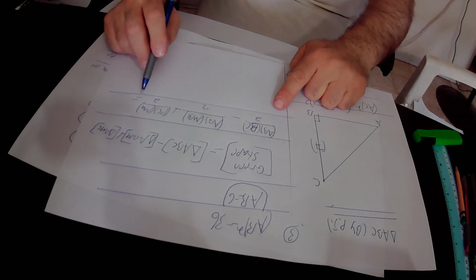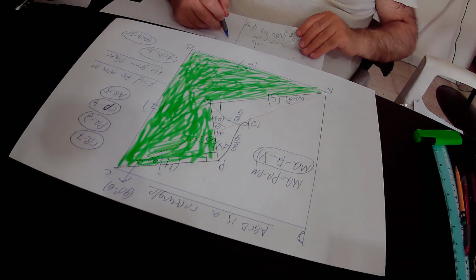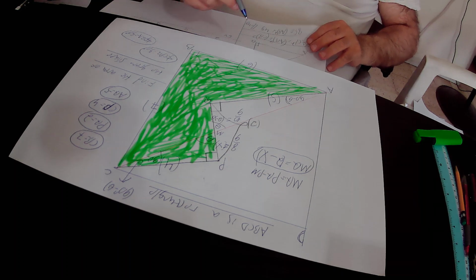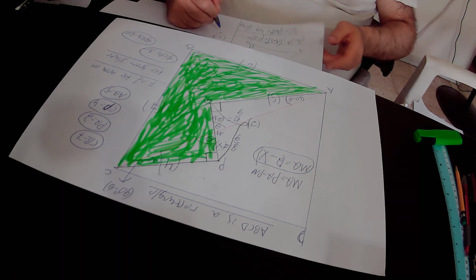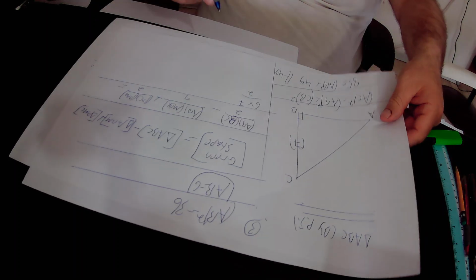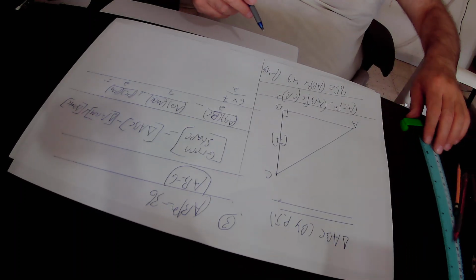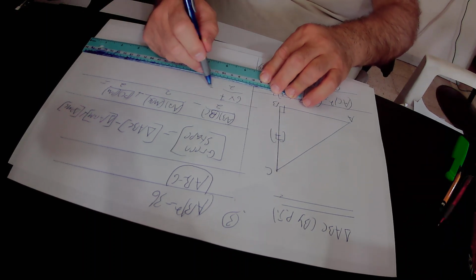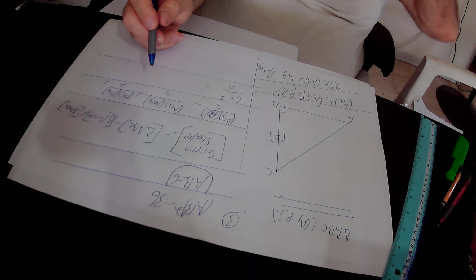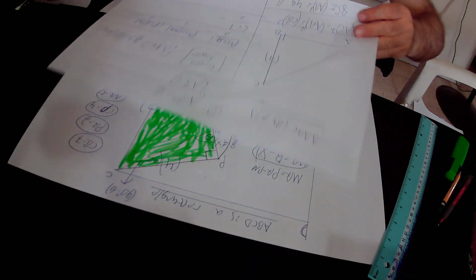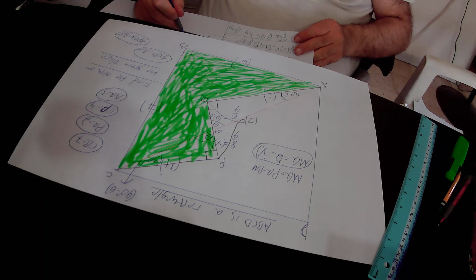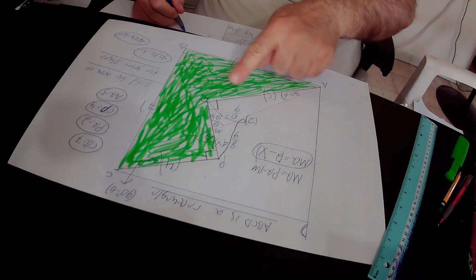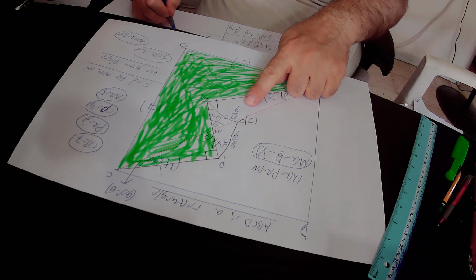So the area of triangle ABC equals AB times BC over 2. AB is 6 times BC, that is 7, over 2. So in total, the area of triangle ABC equals 6 times 7 over 2, minus the area of the white triangle AQM, that is AQ, which is 5, times QM, which is 10 over 2.